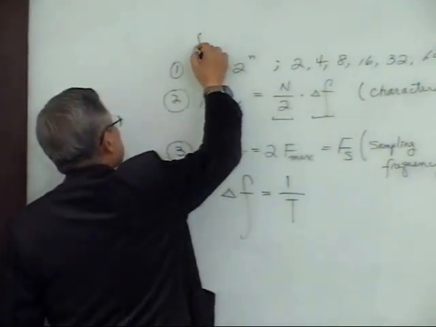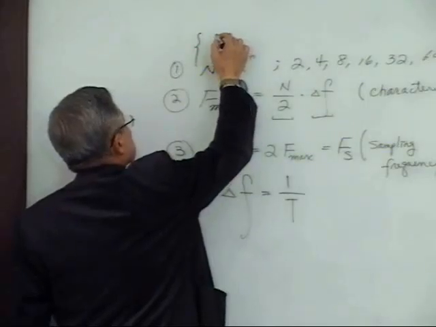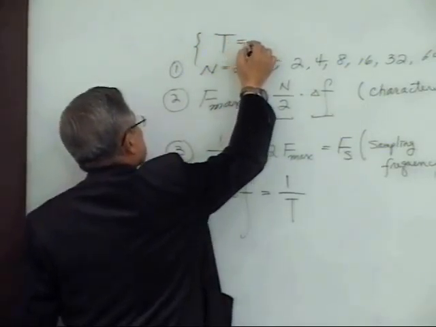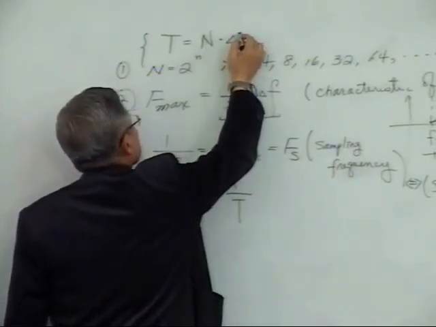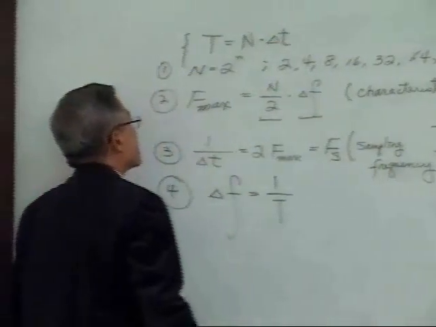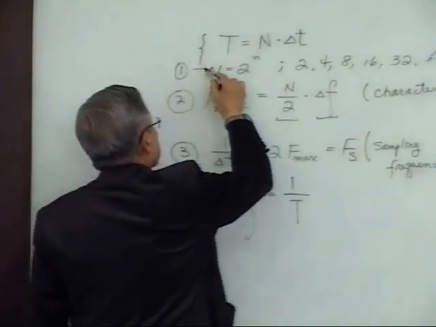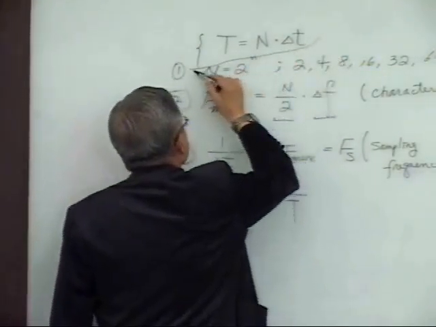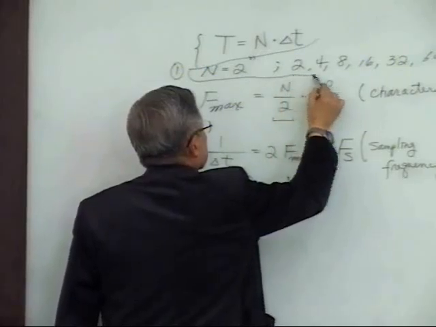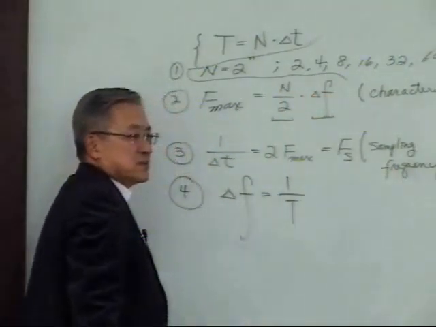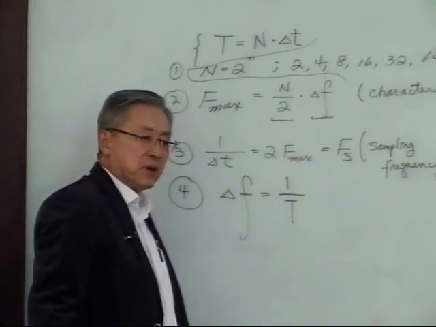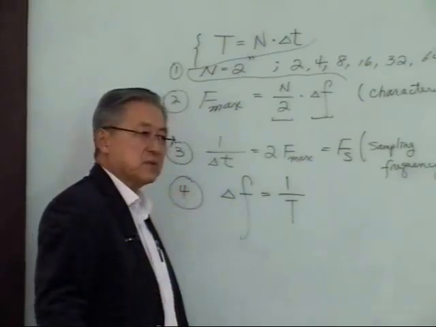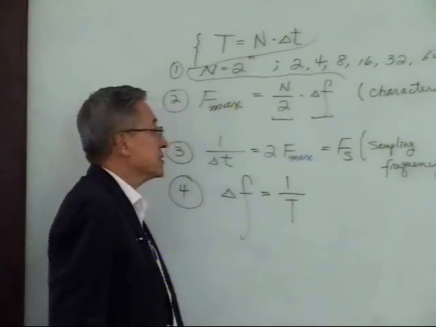Another one which belongs here is total time, which is, of course, n times delta t. This is really electronic machines, where 2 to the n power is the total number of storage.